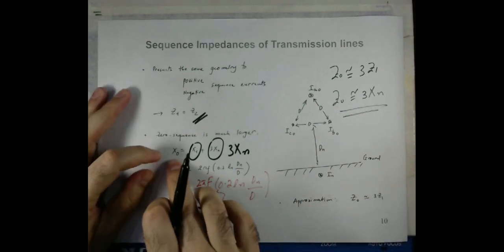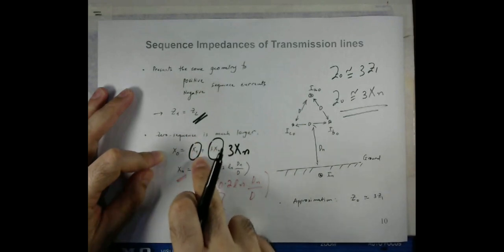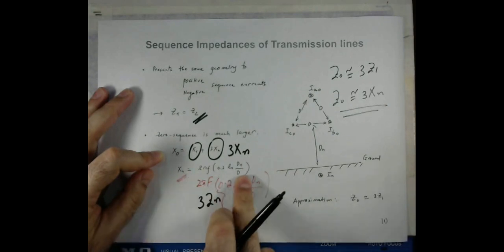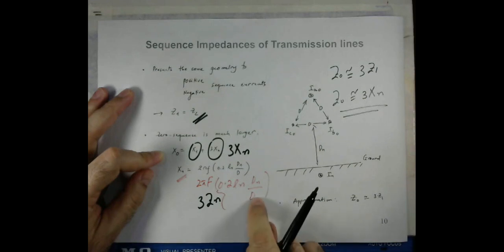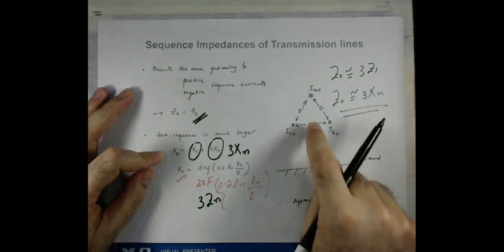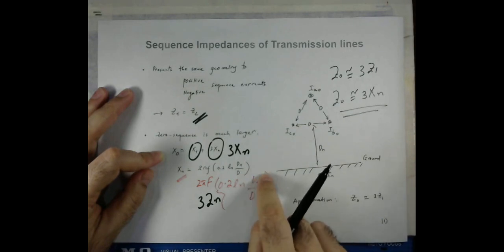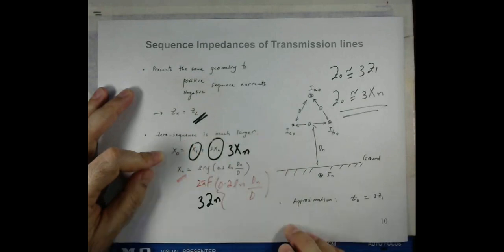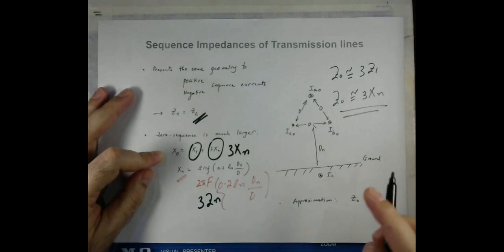So the zero sequence impedance will be a sum of X1 plus 3Xn, and Xn can be determined from this expression, where both the distance among the transmission lines and the distance to the ground are involved. Since Dn is quite large compared to D, this term is larger compared to X1. So an approximation is made, and Z0, the zero sequence impedance, is more or less taken as 3Xn, where Xn is the inductive reactance to the ground.